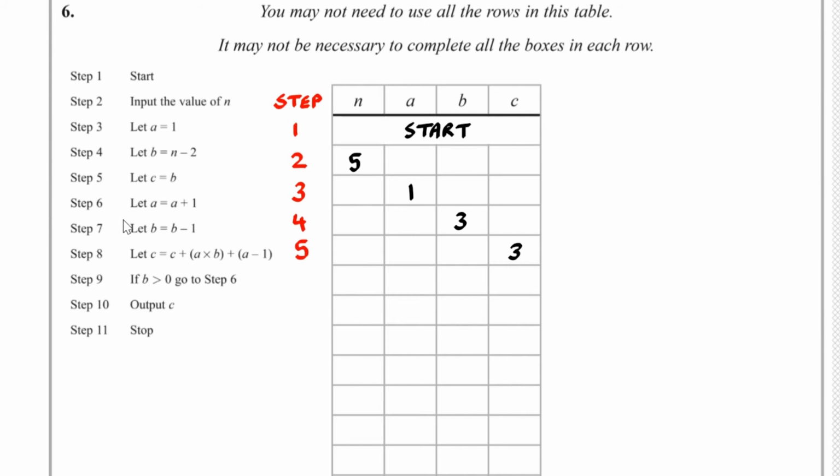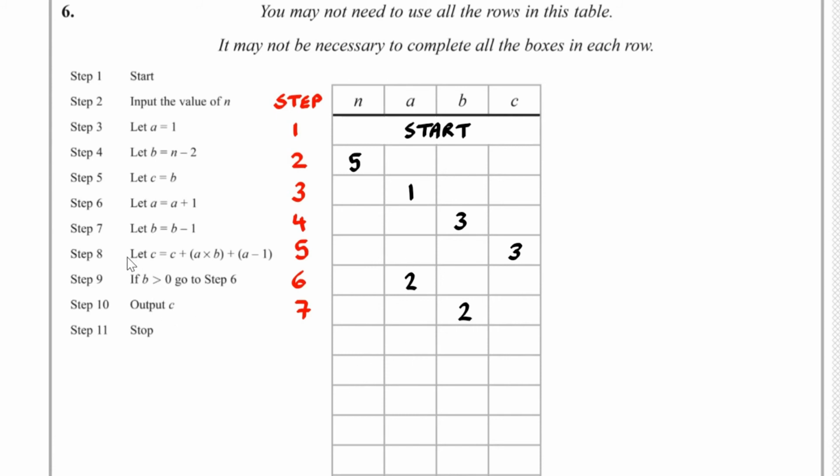For the sixth step, we let a equal a plus 1. So we take our current value of a, we add 1 to it, we get 2. Our seventh step is to let b equal b minus 1. So we take our value of b, we subtract 1 from it, we get 2.